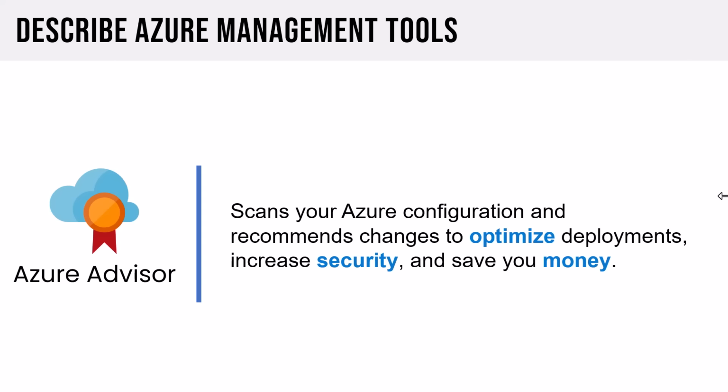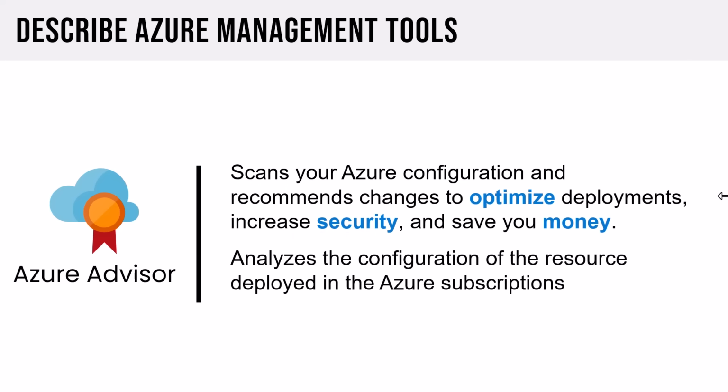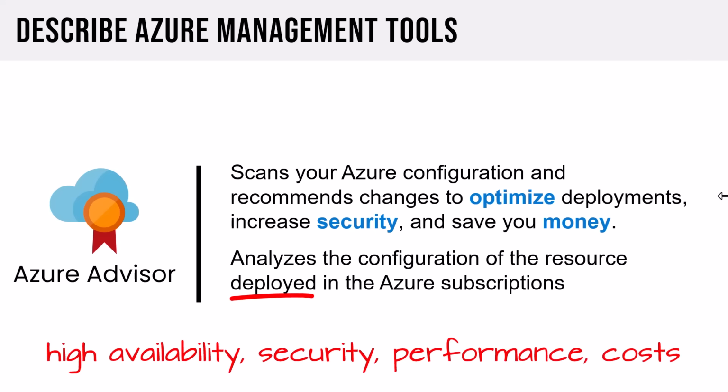Really a built-in assistant of sorts designed to help you do things a bit better in Azure. It analyzes the configuration of the resource deployed in Azure subscriptions. It's looking at high availability, it's looking at security, performance, and cost to try to give you options for optimizing in any of these areas.